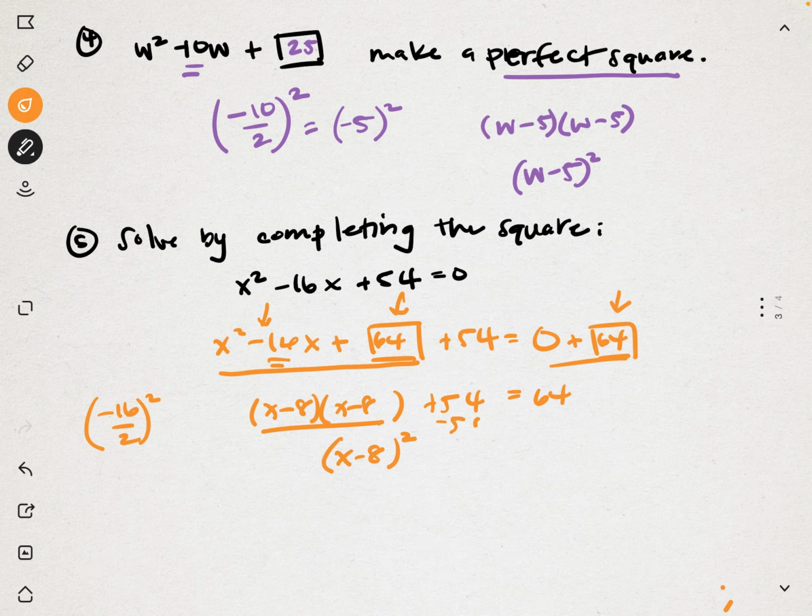We can subtract the 54 from both sides at this point. Actually, rather than subtract 54, I know we're used to moving everything to one side, but we're just going to save some steps here and we'll move the 64 over. So then we get 0 on this side and we get negative 10 on this side. So this is in vertex form.